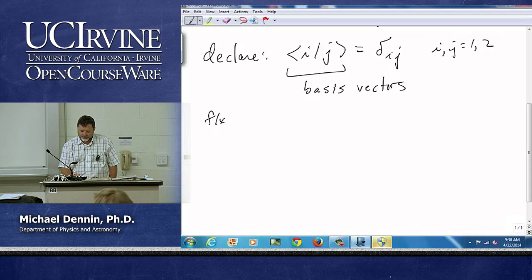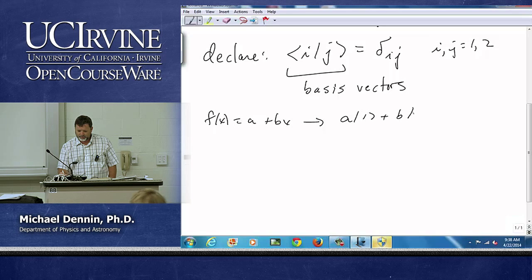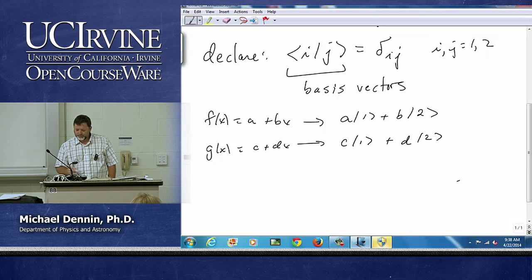So if I now take f of x, which I can write as a|1> plus b|2>, and I take g of x, which I write as c|1> plus d|2>, I can now compute the scalar product of f and g.